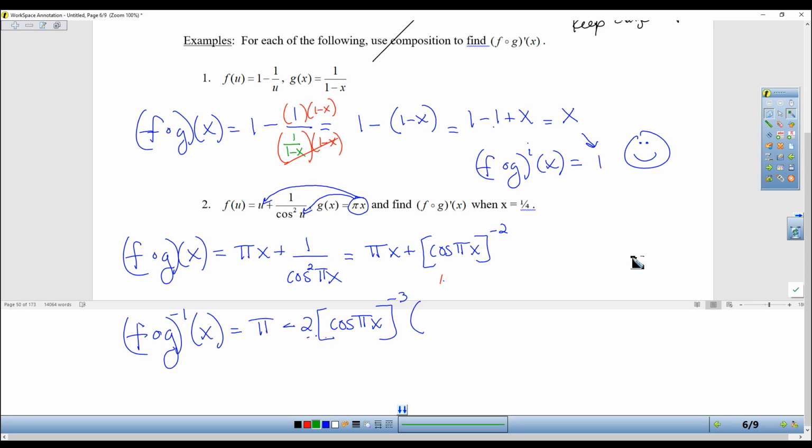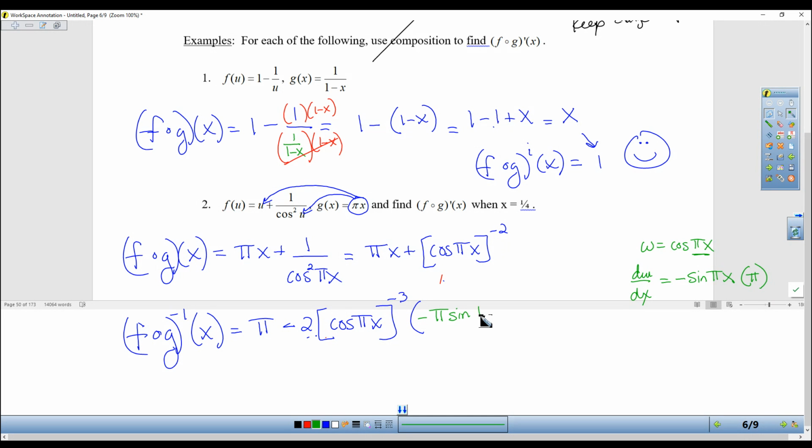So when that happens, sometimes I just work off to the side. W is cosine of pi x. If you were doing this derivative, dw dx is negative sine of the same thing times the derivative of the angle. So all of that is what goes here.